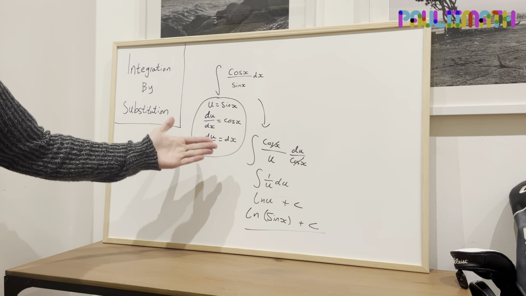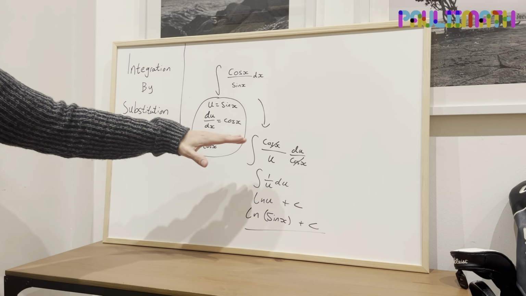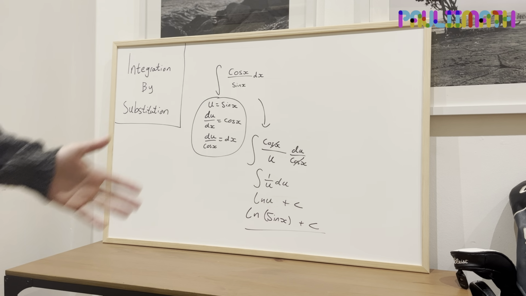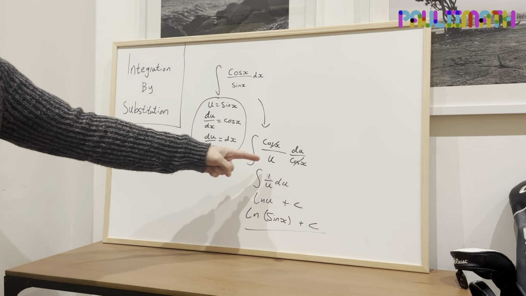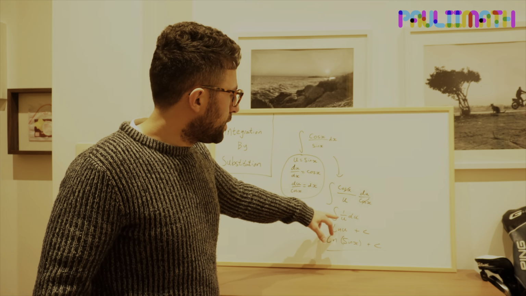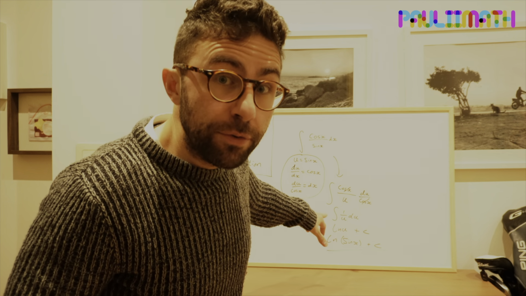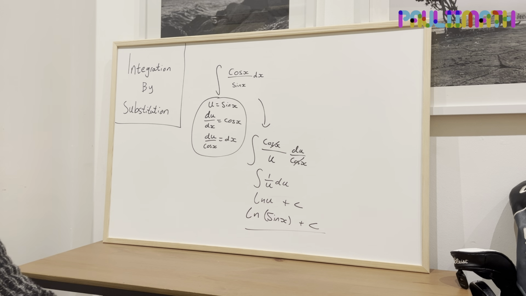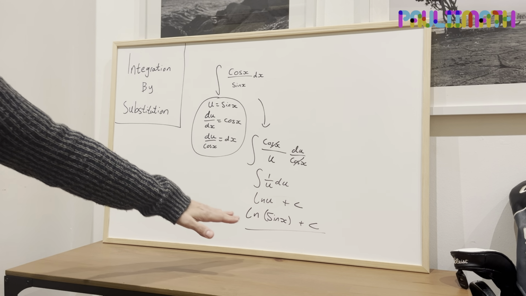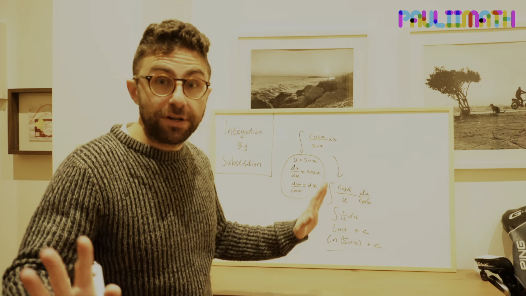Third thing, put that in to change the x's to u's. So once you do that, in this case you notice the cos x's cancel and you're left with 1 over u du. Integrate that as ln u and sub back in your substitution so you've got it in terms of x to finish.